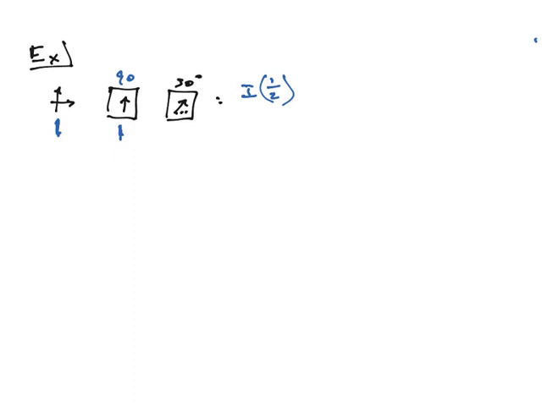Now that we've done it, we're now through that filter and we're polarized up because it's an up polarized filter. And now I want to go from up to 30. So now I have a cosine squared, because I'm not randomly polarized anymore, I'm now polarized up. So I go from 90, I'm going to 30. So 90 minus 30 is 60 degrees. And now this is what I stick in my calculator. So I have cosine of 60 squared times 1/2 gives me 0.125 I.